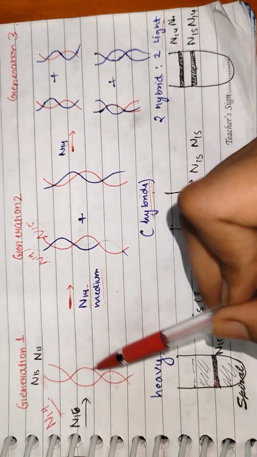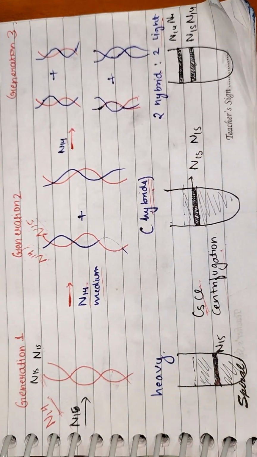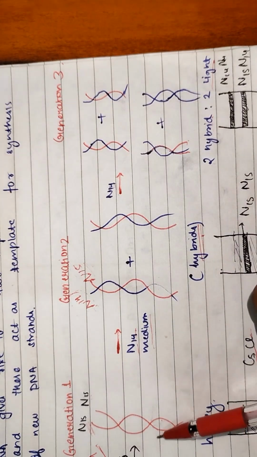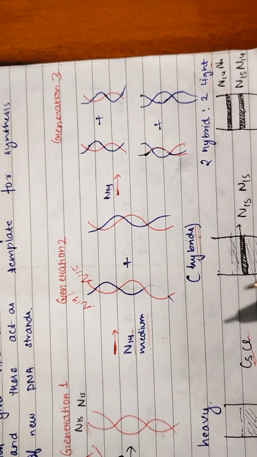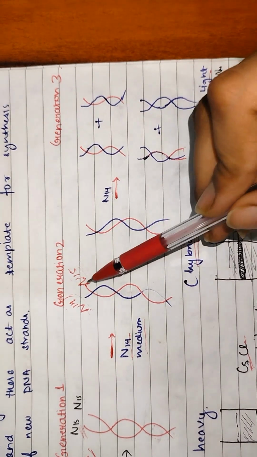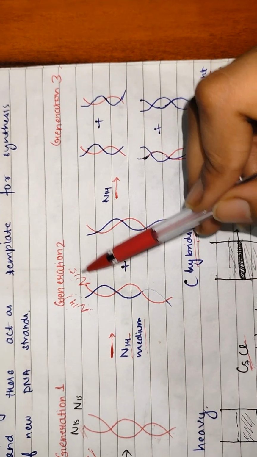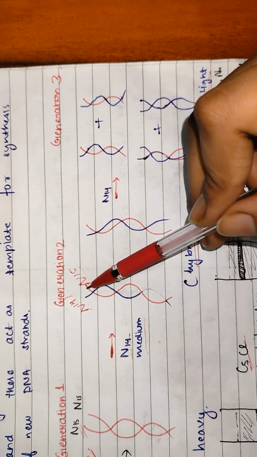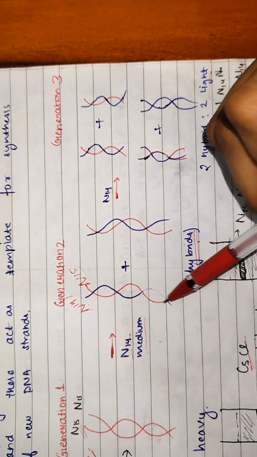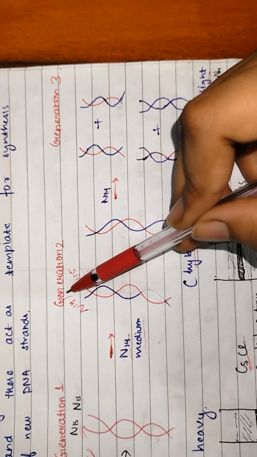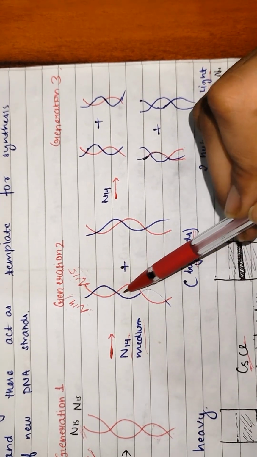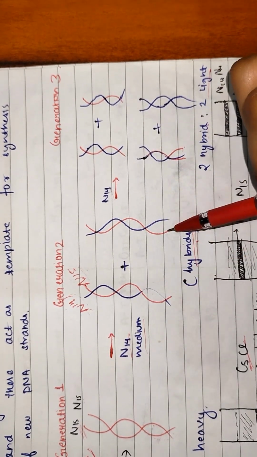So this red is the N15 DNA. Then they took this E. coli and grew it in N14 medium for one generation, due to which the N15 DNA remains as it is, the parental DNA, and the newly synthesized DNA has the light nitrogen N14 in it, and two hybrids are formed.